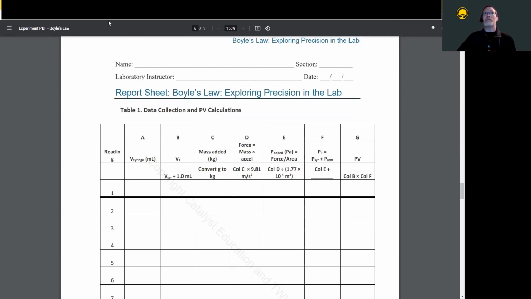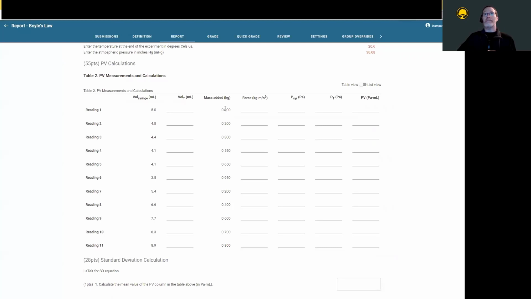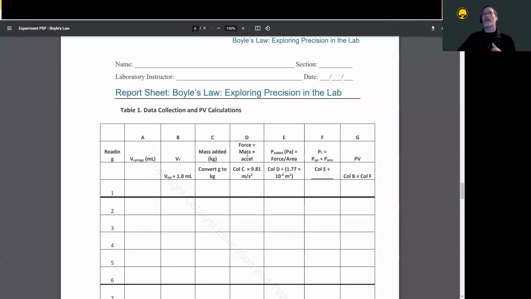Now the mass added was given to me in my data. All right, 0 for the first one. That's not super exciting, but then I've got mass numbers down here. Force. Well, you can read through the text in the PDF, or you can use the little shortcut right here. Force equals mass times acceleration of gravity. Column C, so this number, times 9.81 meters per second squared. That's the gravitational acceleration constant.